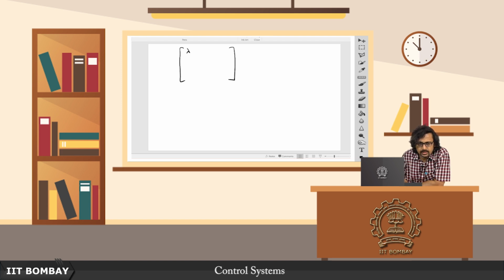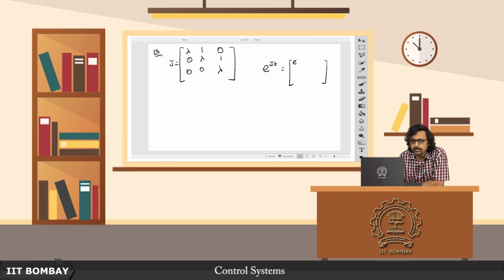So for example, if you had this lambda 1 0, 0 lambda 1, 0 0 lambda. My claim is that if you take this as your J, then e to the Jt will look something like this. The diagonals will be exactly like you treat the diagonal matrix, so in that sense it is very easy.